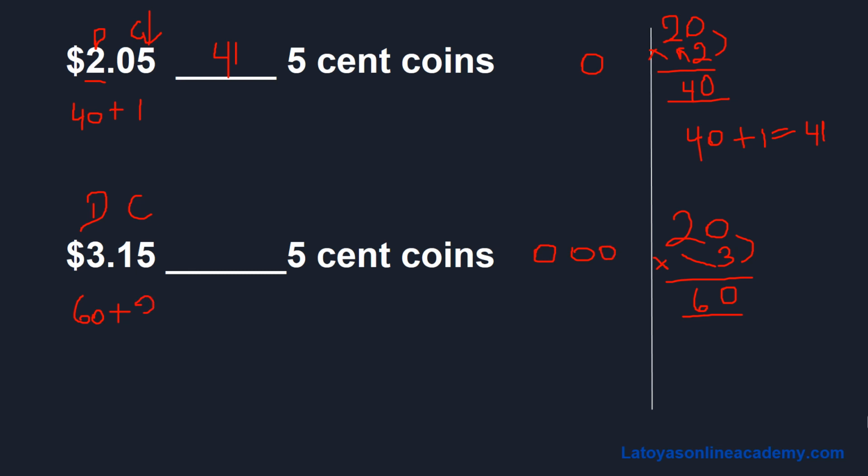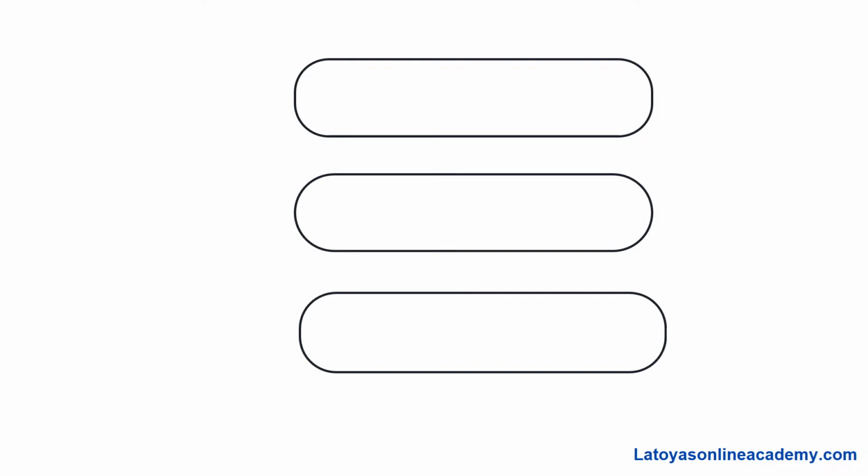So it is going to be 60 plus 3. 60 plus 3 will give us a total of 63. So we have 63 5-cent coins in $3.15.